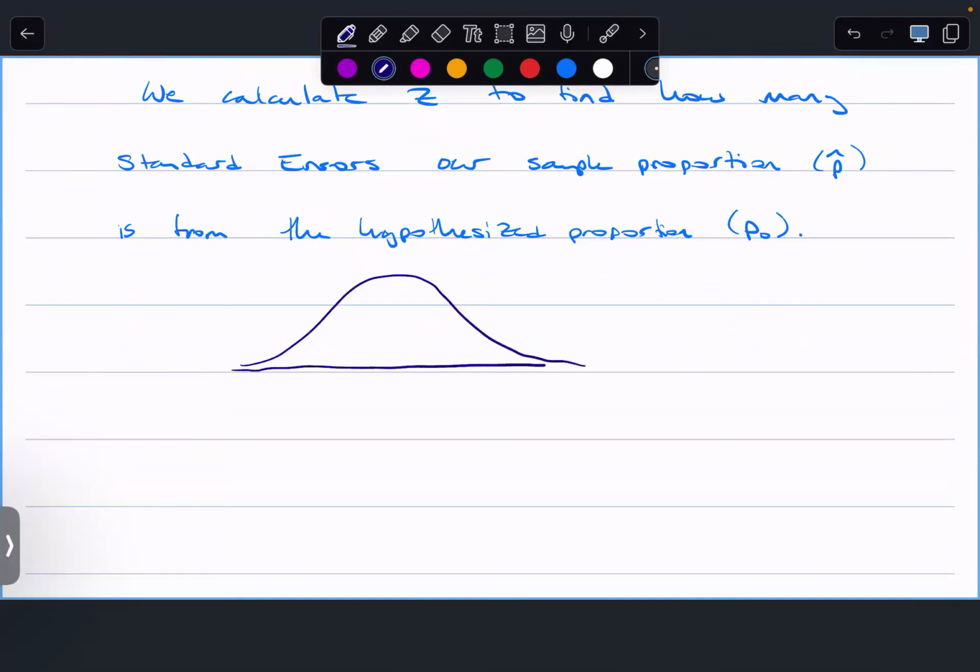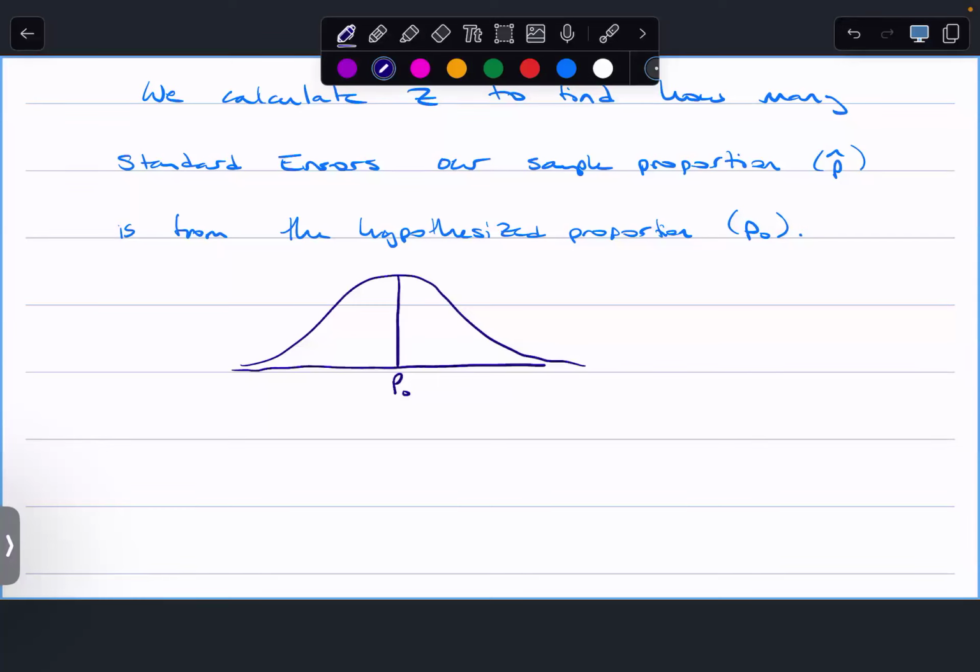What this is going to look like is, if the conditions are met, we can assume a normal distribution. We also assume that it is centered on P naught until potentially we have proof otherwise.